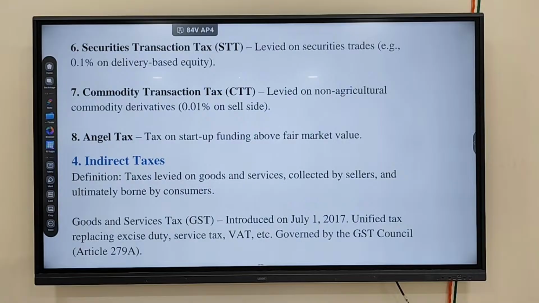Okay, just write down the wealth tax also. Just put the heading wealth tax.